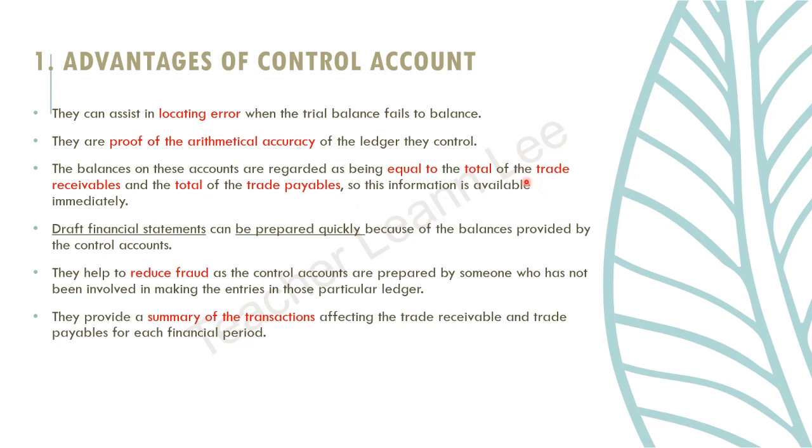This information is available immediately, so I can check whether everything is correct or not. Draft financial statements can be prepared quickly because of the balances provided by the control account. Since I have the control account to make sure the numbers are all correct, I can draft a financial statement right now.